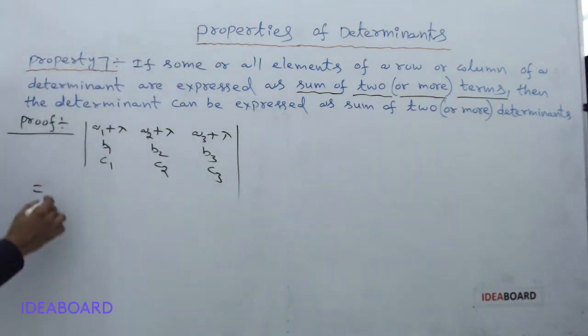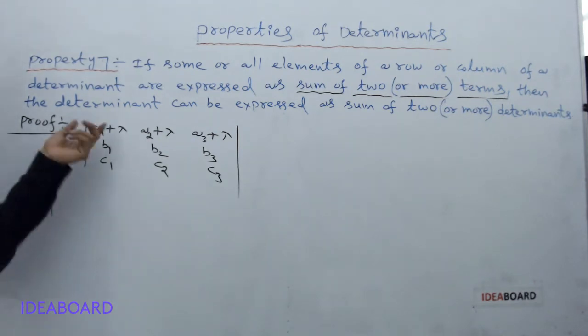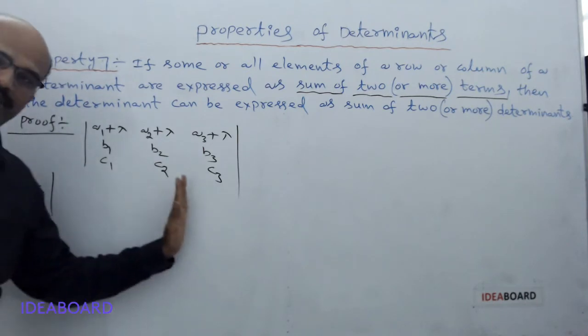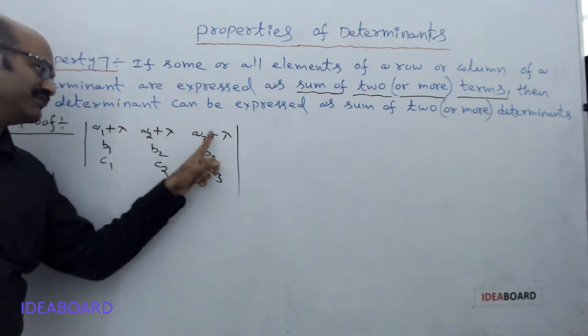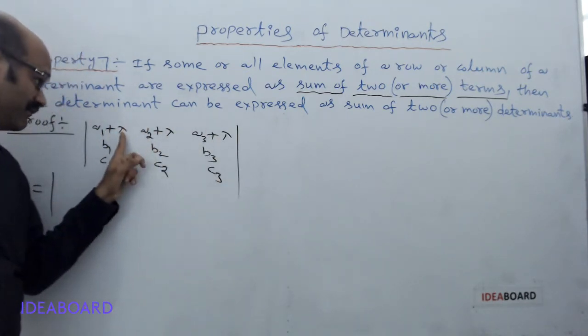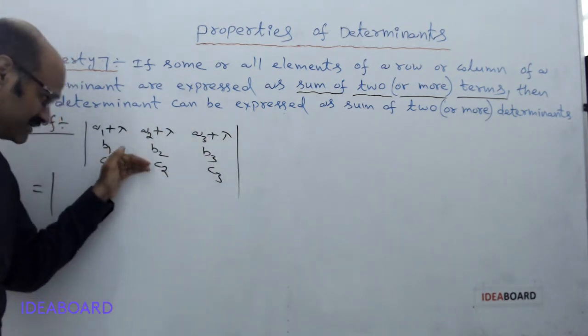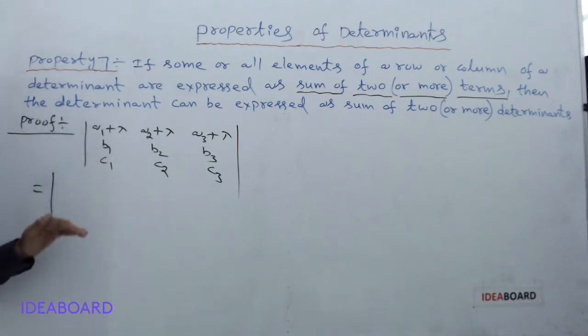This can be expressed as, since it is a sum of two elements, we can write it as sum of two determinants. If the first row is sum of three elements, then it can be expressed as sum of three determinants.